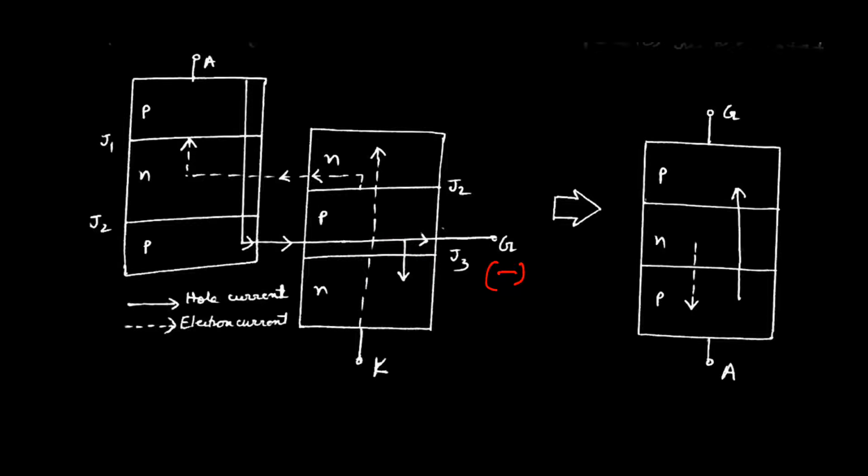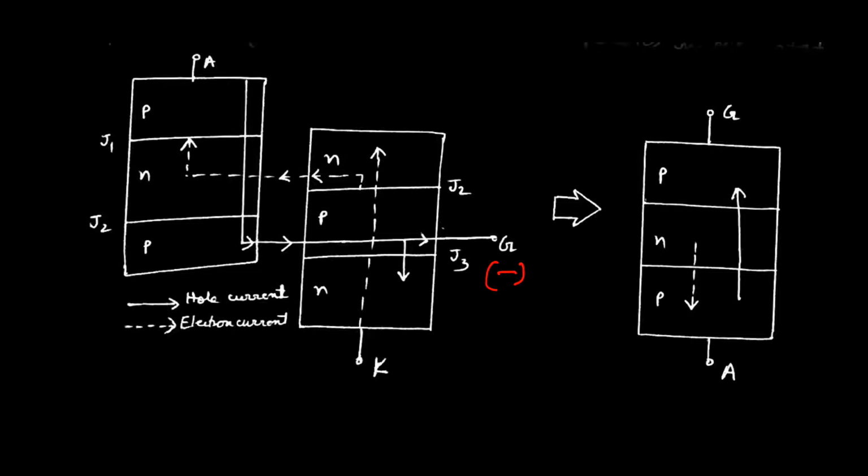As the gate and cathode are reverse biased, a huge amount of holes can be taken out from this P layer. That means there is a tendency for a depletion layer to form across the junction J3. Once the depletion layer is formed across J3, the electron injection from the N to the P layer will be stopped.